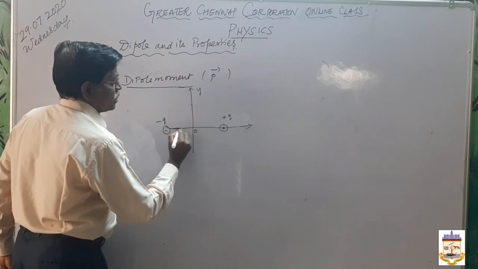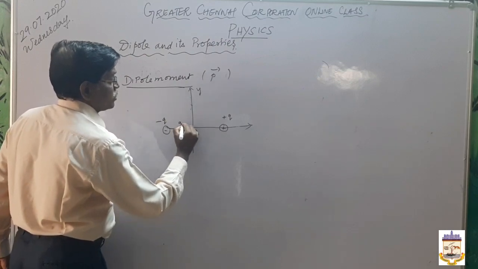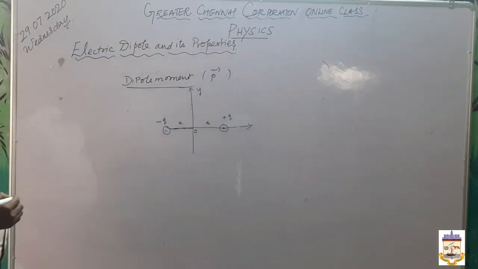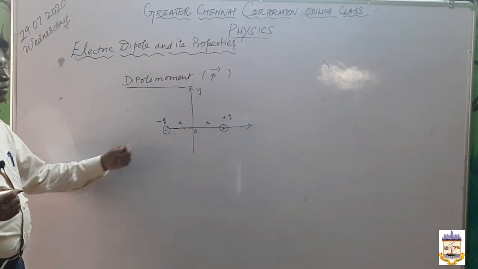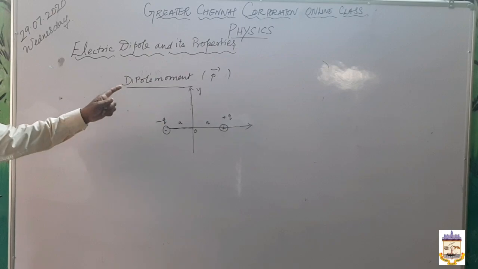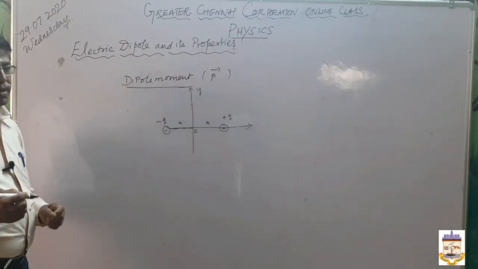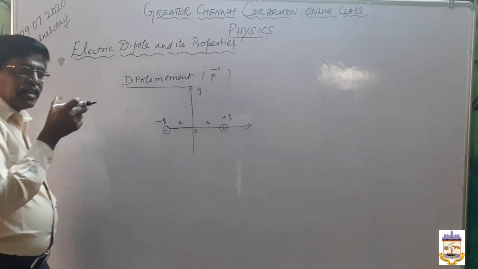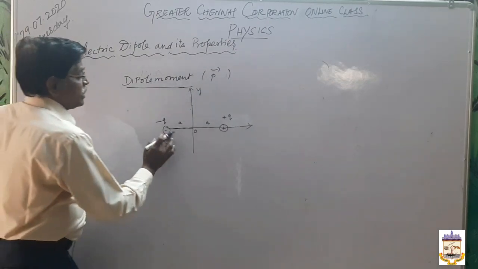Let us take this distance as a, and this distance is also a. This is the dipole system. Now we are going to find the dipole moment. Moment means you have to multiply by the distance.